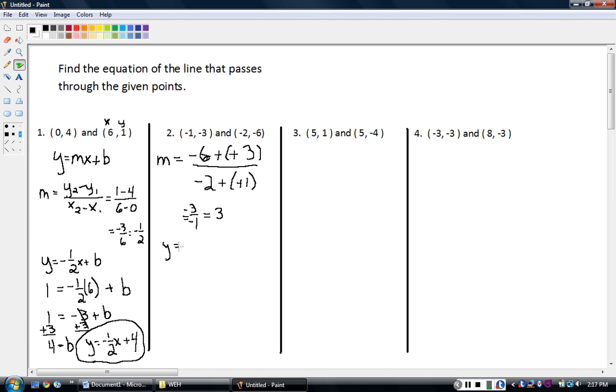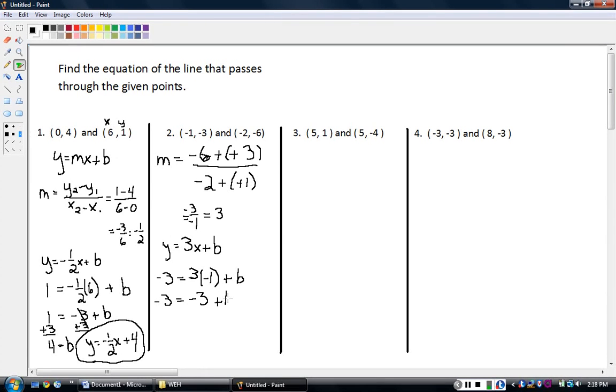So y equals 3x plus b. Now we got to find b. Remember how we did that in the first one? I take one of these 2 points, doesn't matter, I'll pick the first one, plug in the y value of negative 3 and the x value of negative 1. And this will let me solve for b, right? So that's negative 3 equals 3 times negative 1 plus b. So negative 3 equals negative 3 plus b.